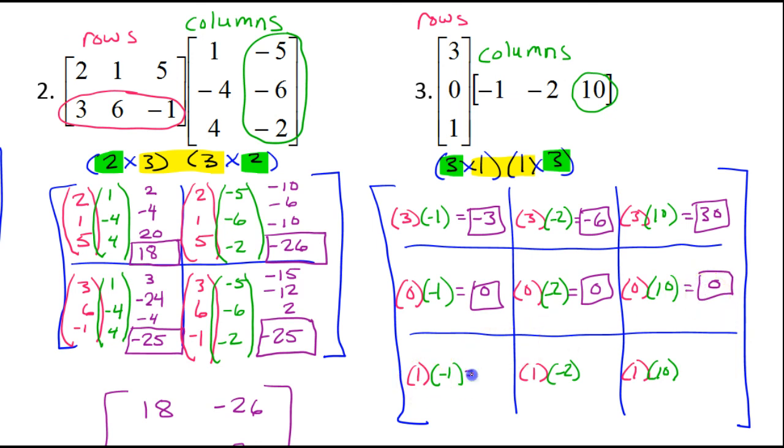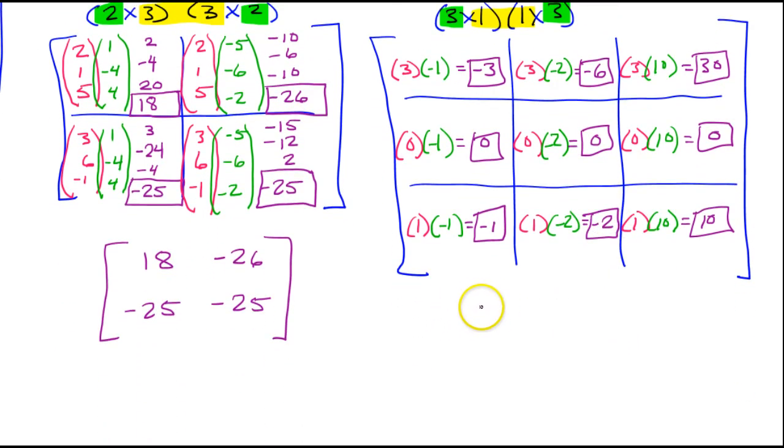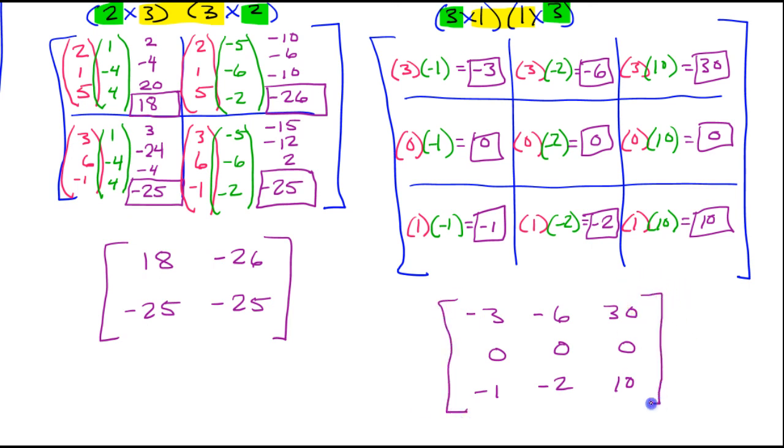And -1 and -2 and 10. So these purple numbers represent my final answer. So the final answer will be -3, -6, 30, 0, 0, 0, -1, -2, 10. This will be the final answer, the product.